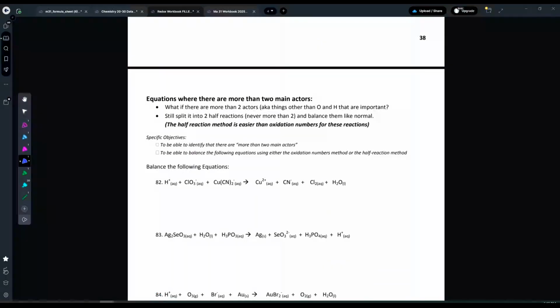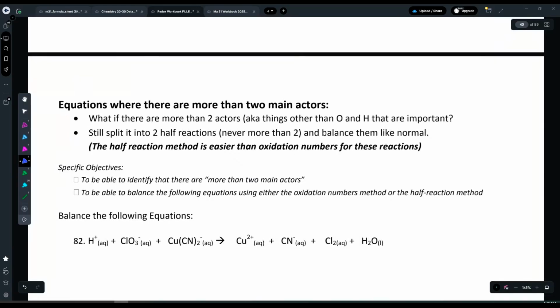So moving on to equations where there are more than two main actors. Essentially here we're just asking, what if there's things other than oxygen and hydrogen in our redox reactions that are important? What do we do? How do we balance these reactions?